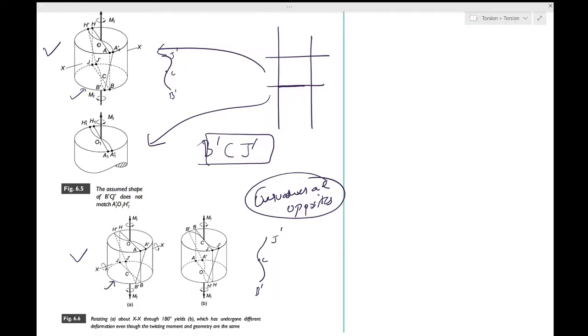So this would permit matching adjacent elements. Now can you see that if you have a curvature like this at the bottom face of this slice, the slice just below this, how would it look? It would look like this, I guess.